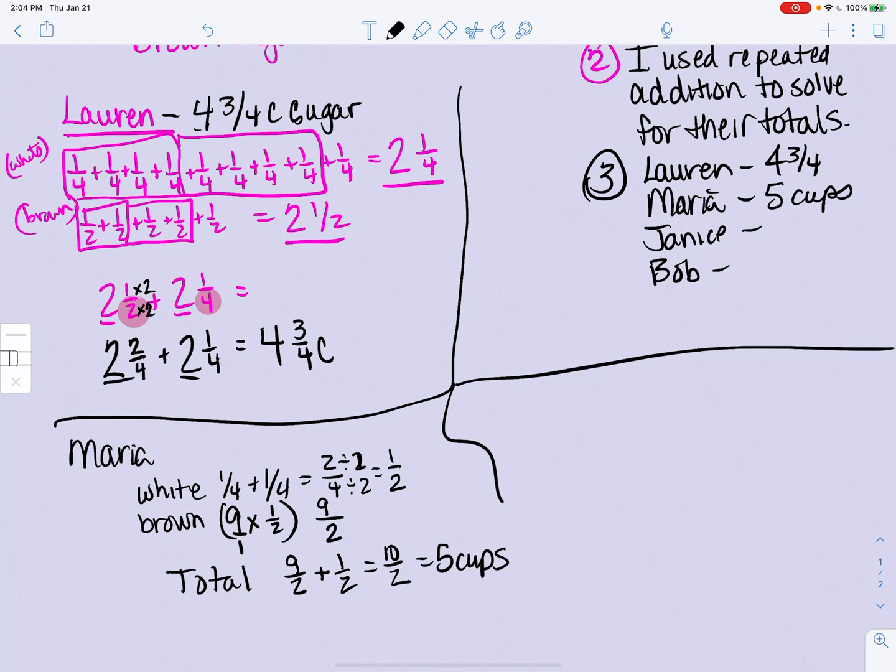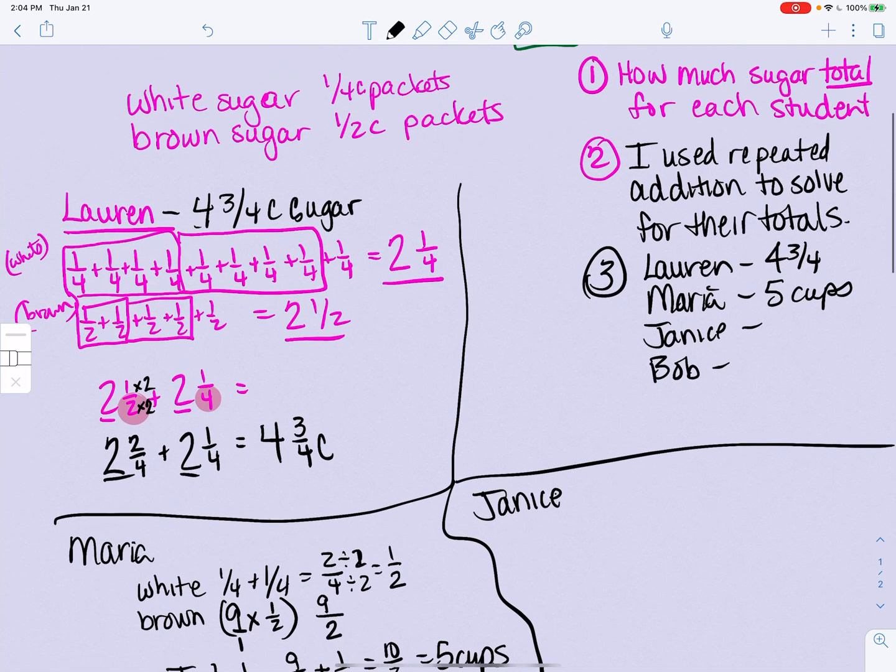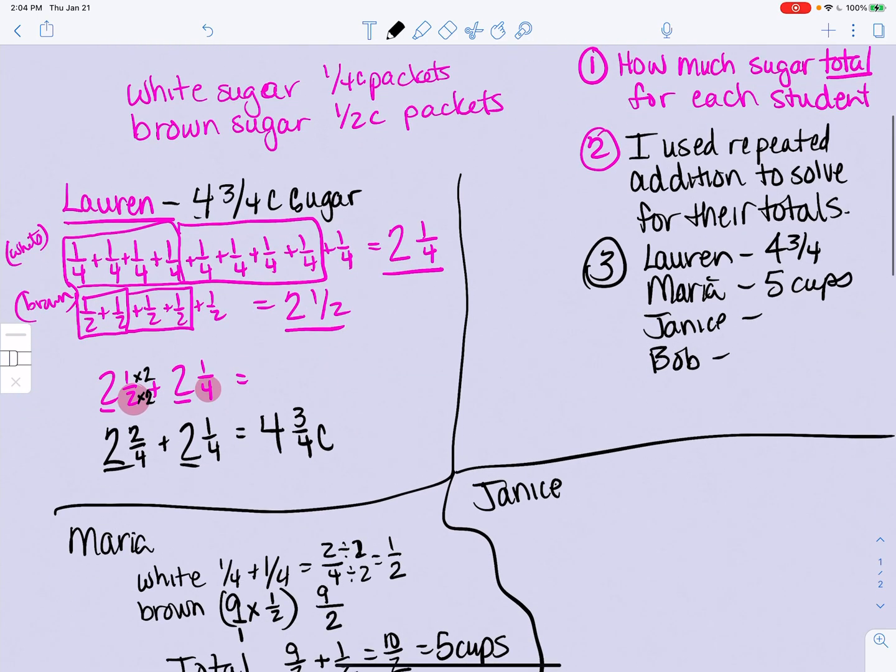Okay, so let's figure out what Janice got. Still can choose repeated addition or not. Janice mixes 4 packets of white, which is 1/4 plus 1/4 plus 1/4 plus 1/4. That's white. That's 4 over 4 equals 1.